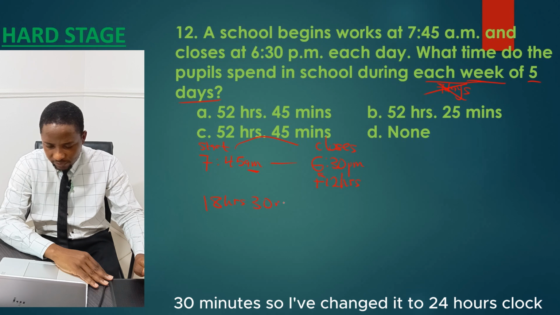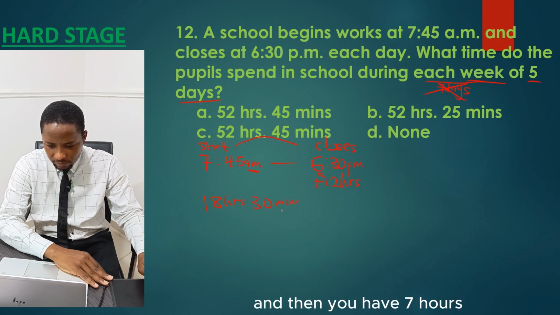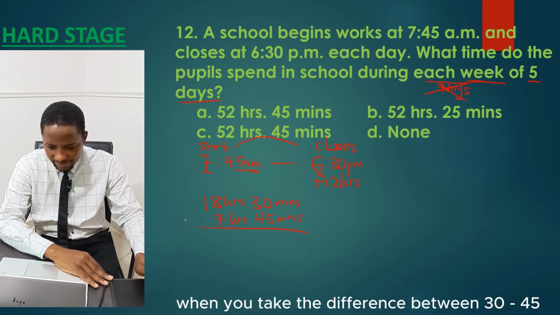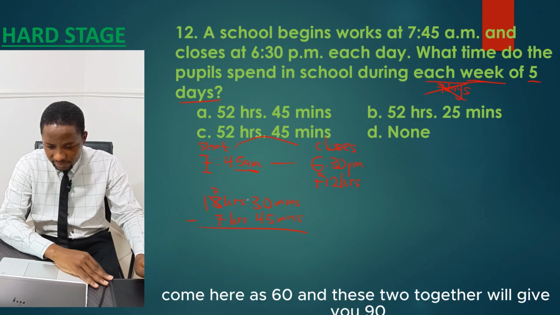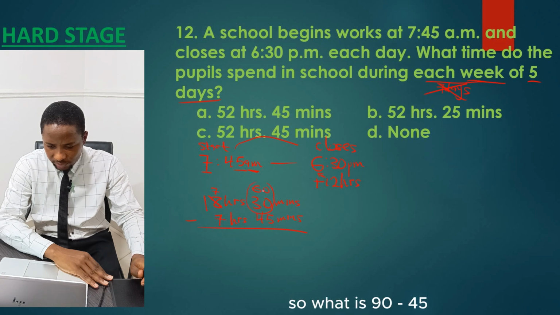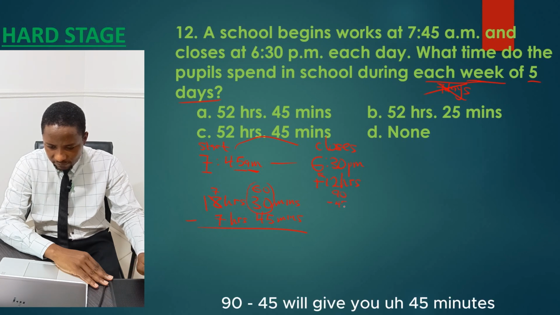So I've changed it to 24 hours clock, and then you have 7 hours, which is this, then 45 minutes. When you take the difference, 30 minus 45 is not possible. So borrow 1 from here and you're left with 7. The 1 hour you borrow come here as 60, and these two together will give you 90. So what is 90 minus 45? 90 minus 45 will give you 45 minutes.